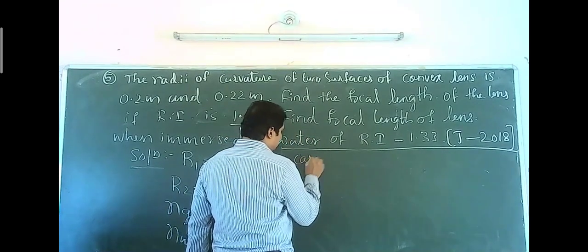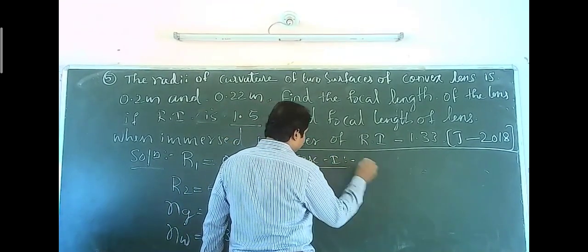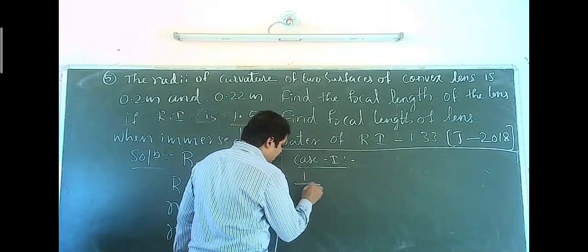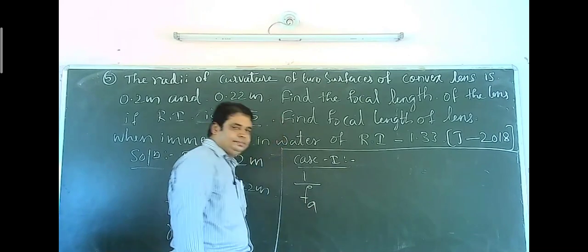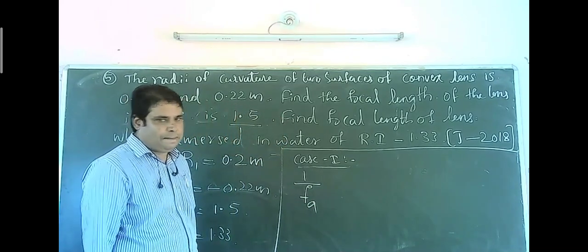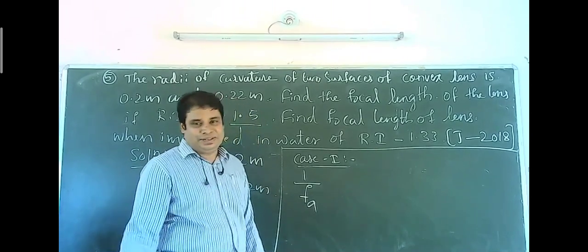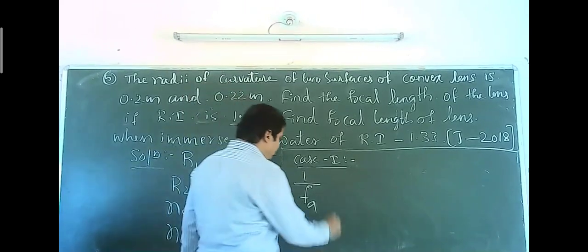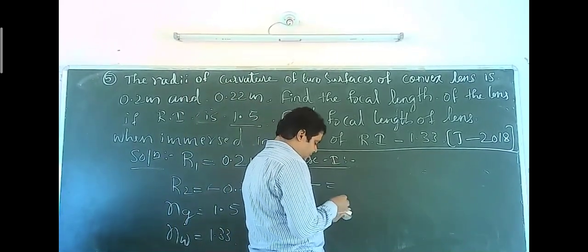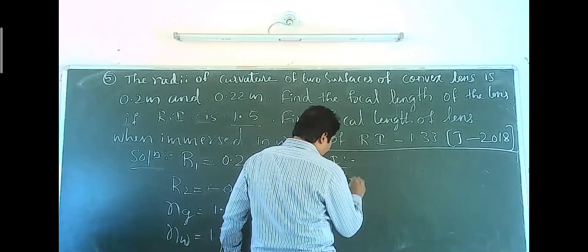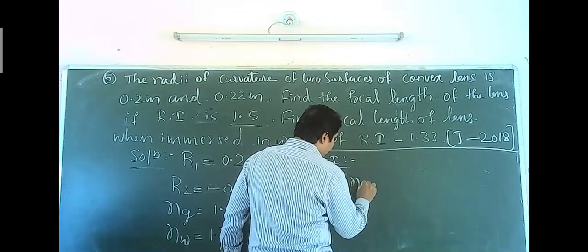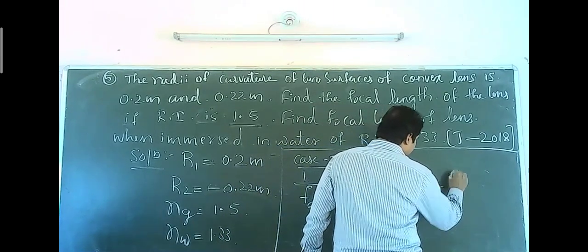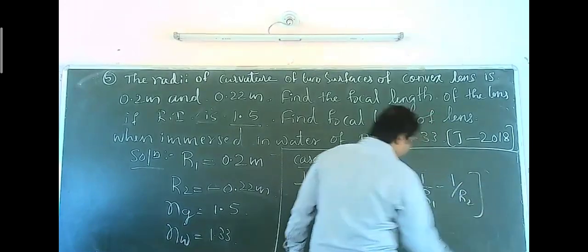Case 1. When your lens is in air, then you have to find its focal length. 1 by f is equal to, what's the formula? n21 minus 1, multiplied by 1 divided by R1 minus 1 divided by R2.